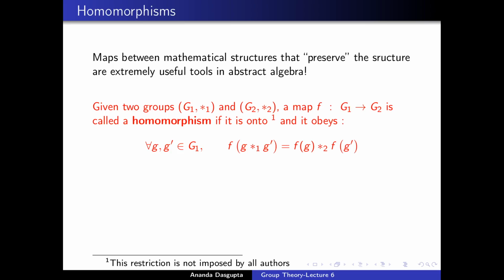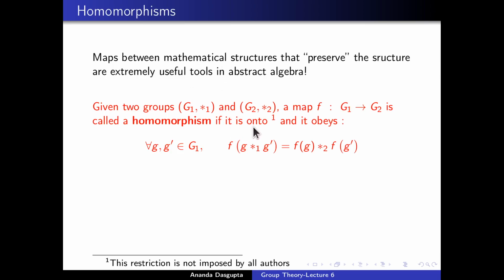For all g and g prime in G1, the domain of the map, if you compose g star 1 g prime, that is, g and g prime composed according to the multiplication rule in the group G1, and then apply f to it, this has to be the same as f of g composed with f of g prime, where the composition rule that you use now is the rule for the second group, star 2.